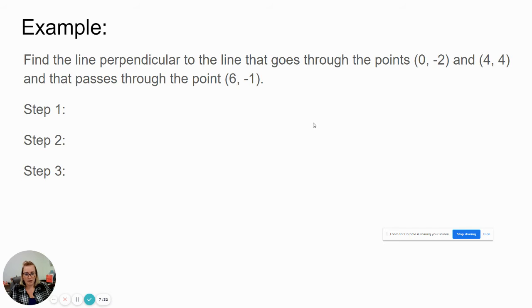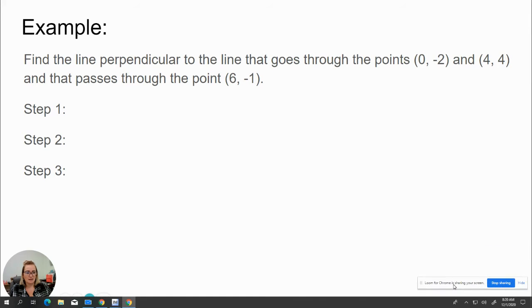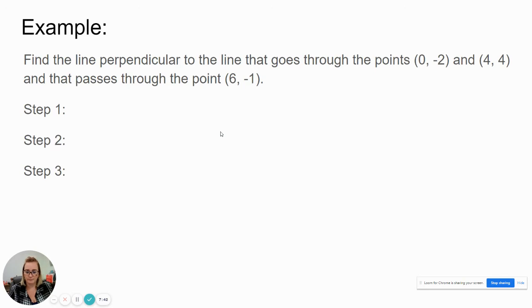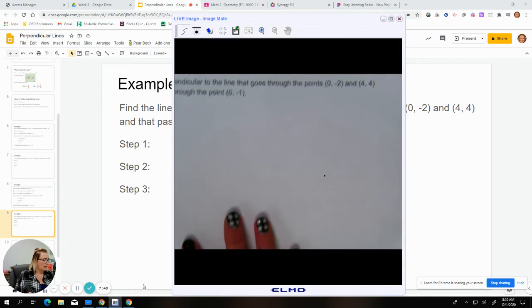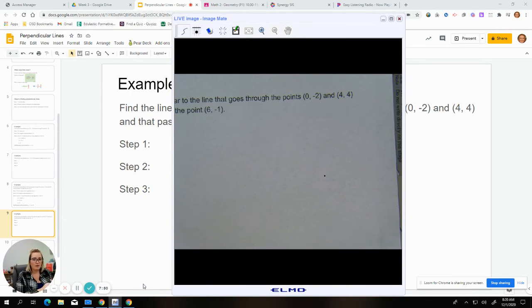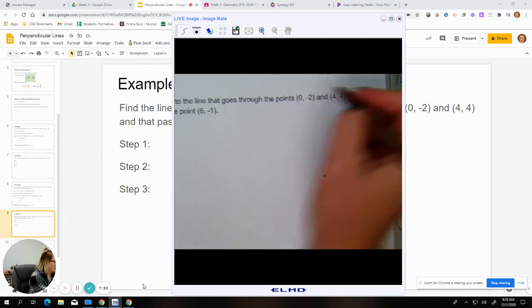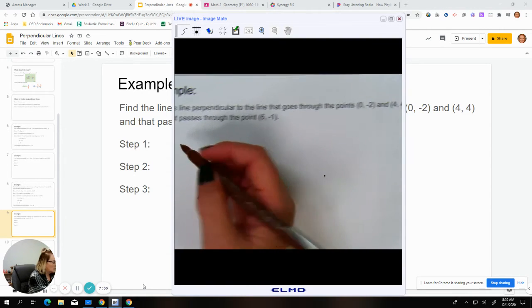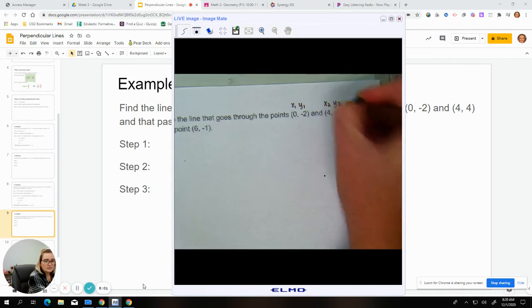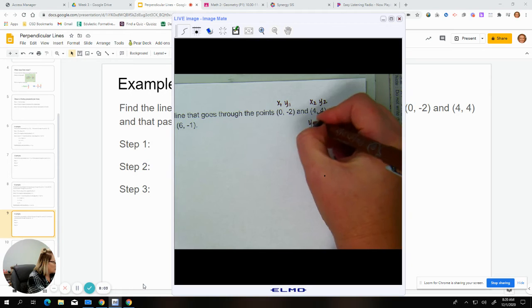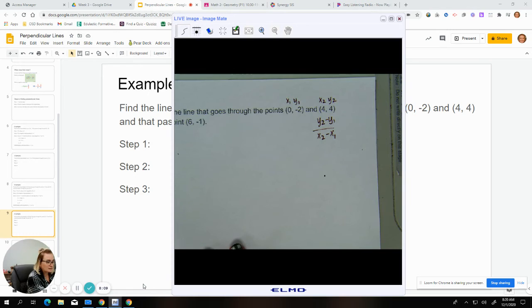So again, I'm going to walk through this problem with you guys because I want to walk you step by step through it. All right, let me pull up this other screen again. And we, first of all, have to find the slope of these lines. That's what step 1 is. So we're going to say x1, y1, x2, y2, and we are going to plug it into our formula, y2 minus y1 over x2 minus x1.